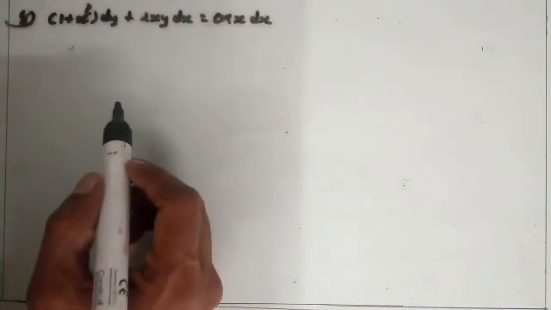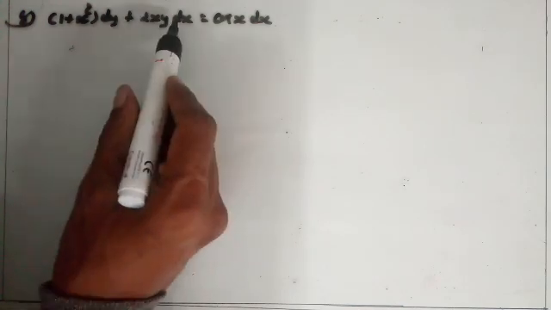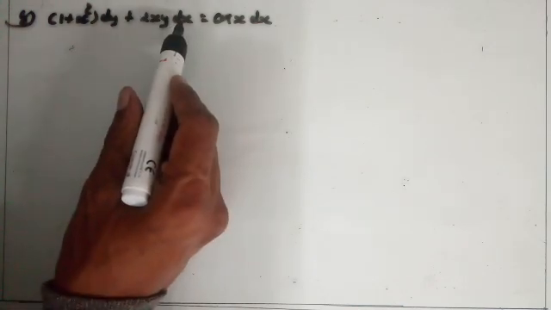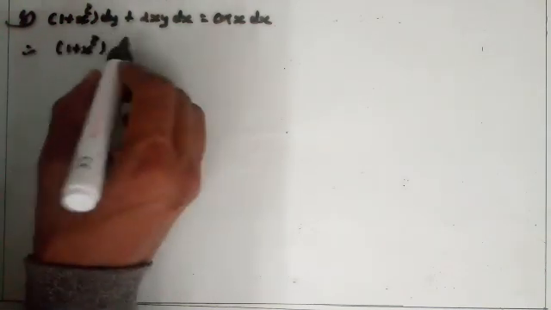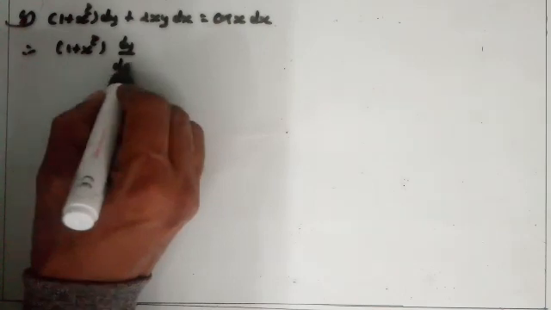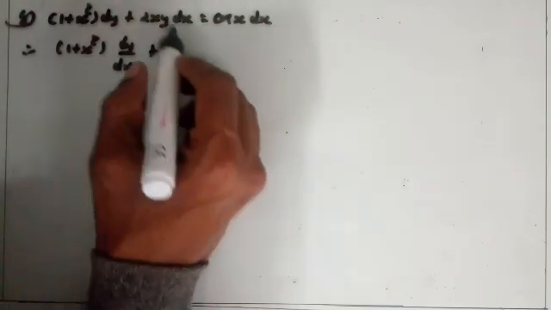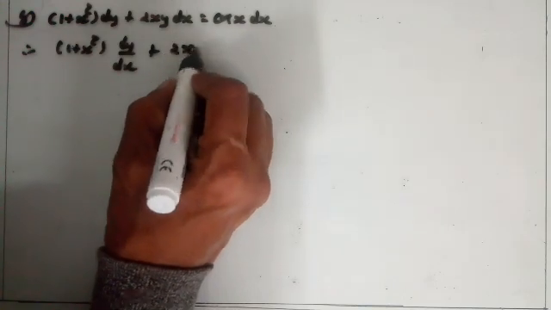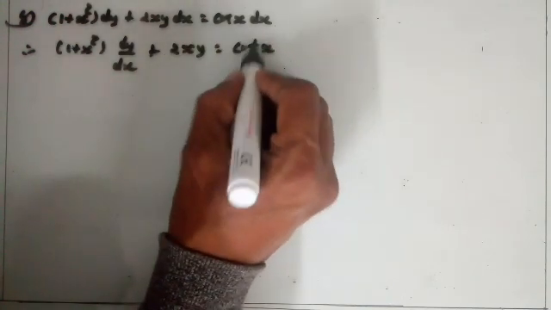Here, dividing by dx on both sides, we get 1 plus x square dy by dx plus 2xy is equal to cot x. Okay.